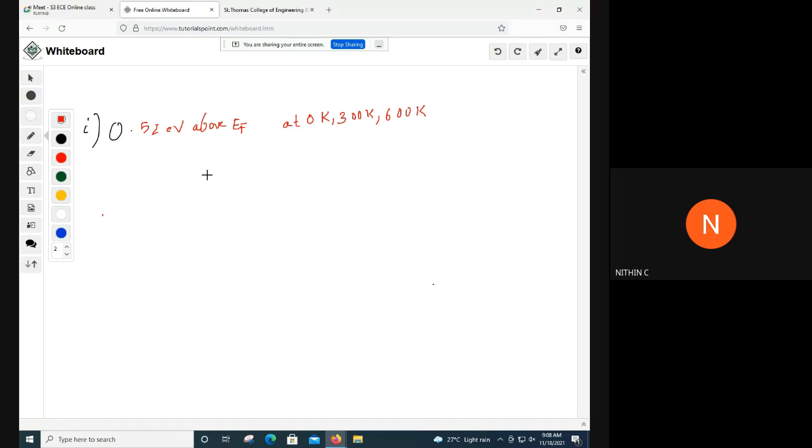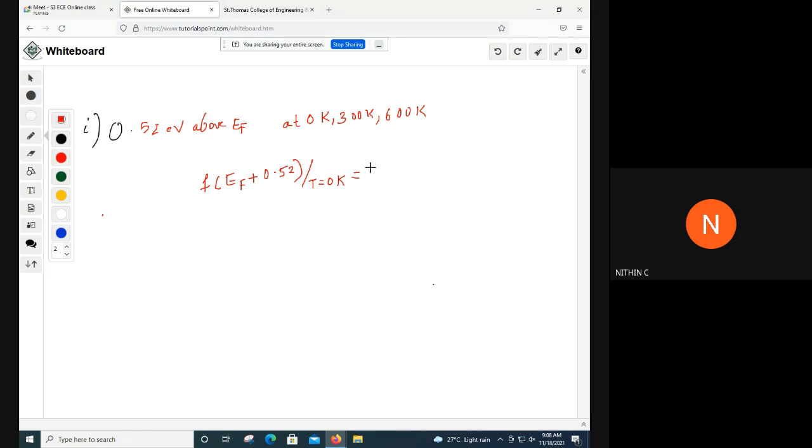So what will be the value at 0 Kelvin? That is a direct question, right? F of EF plus 0.52, because in the question it is given at 0.52 electron volt above EF. At T equal to 0 Kelvin, what will be the answer for this?